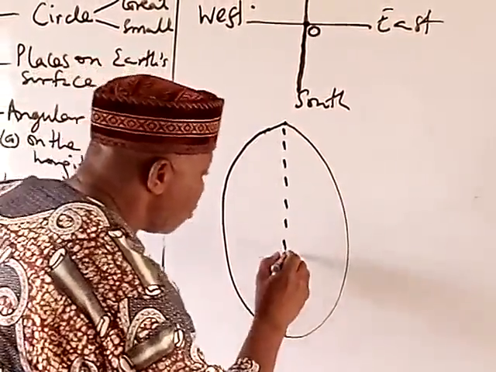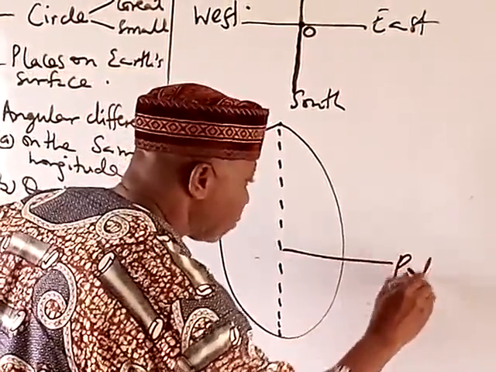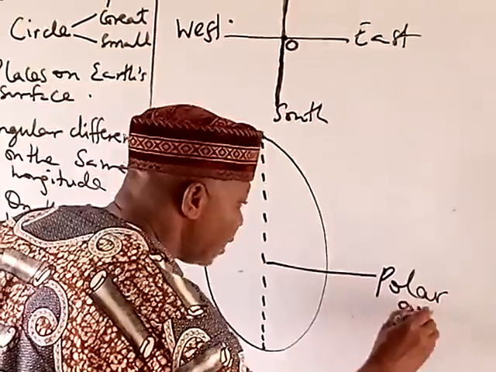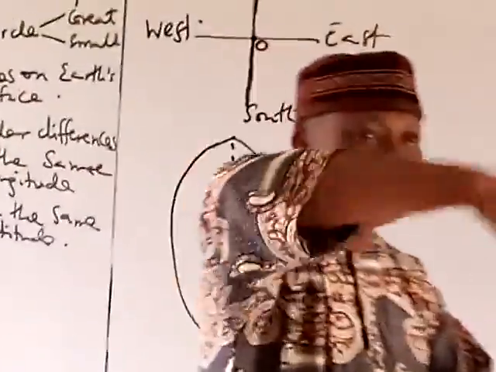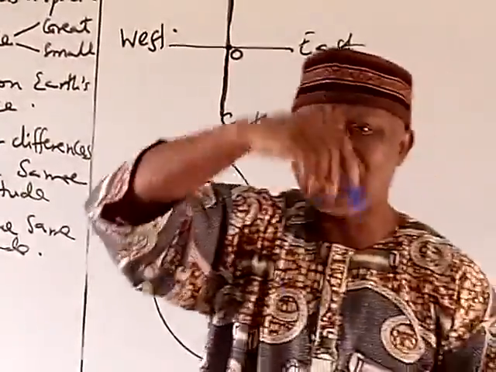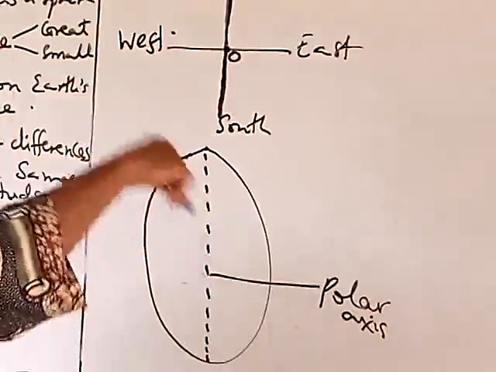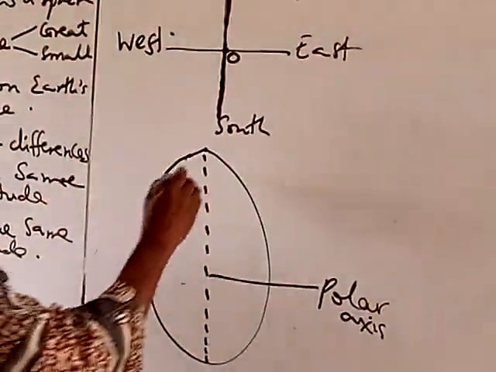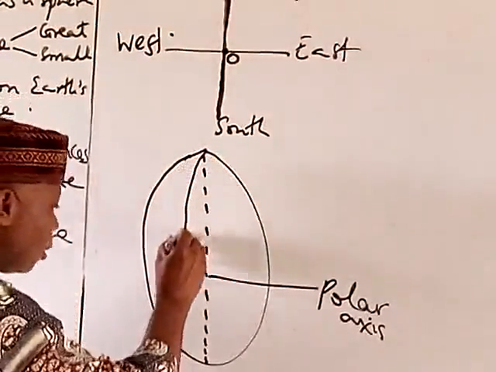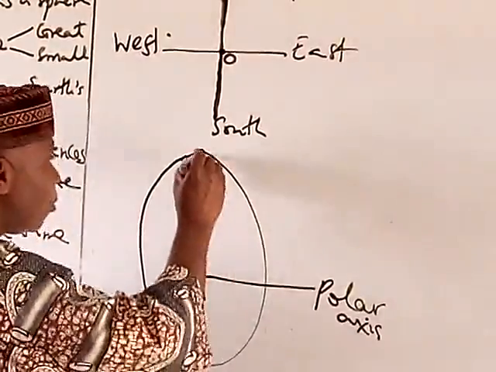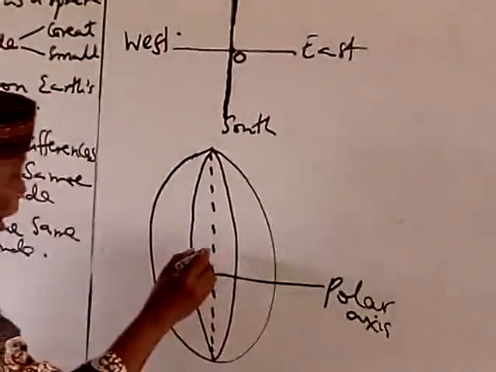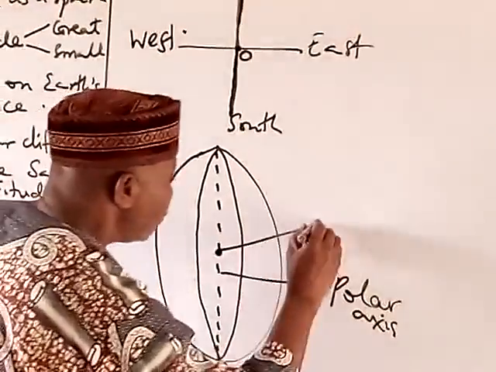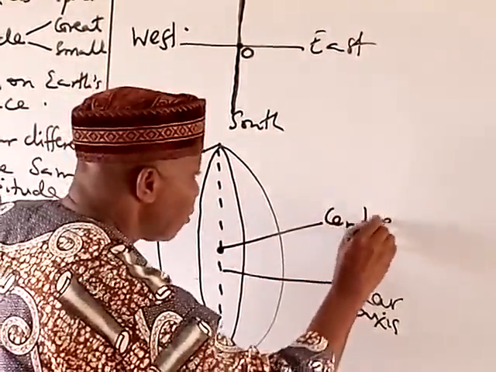This straight line, we call it the polar axis. This polar axis is the axis where the earth rotates to complete its revolution or rotation. And we have this, the meridian, and this is the center.